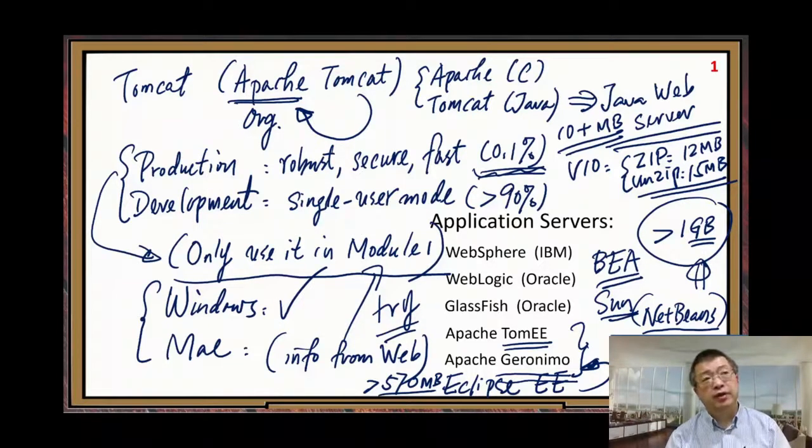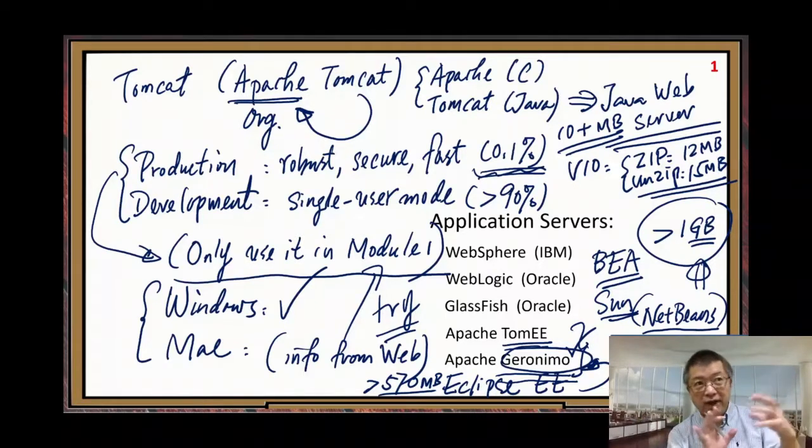For that reason, Eclipse does not contain Geronimo by default. But you can download it from Apache if you need to use advanced Java EE features. You need to download Geronimo from Apache, then configure it with Eclipse for Java EE, just like we configure Tomcat.